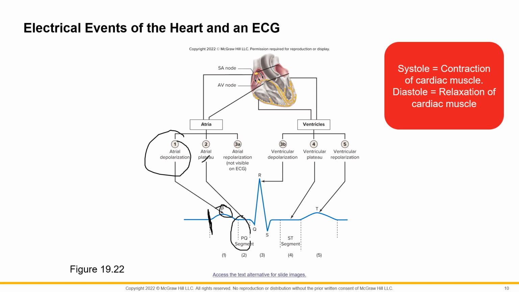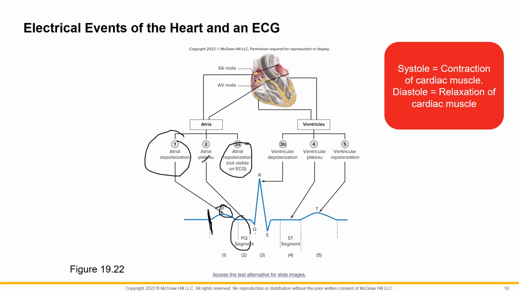Next is your PQ segment, or the plateau, the atrial plateau. That is representing your atrial systole. Atrial repolarization and atrial diastole are not visible on EKG. Again, like we said, the QRS complex is masking that.